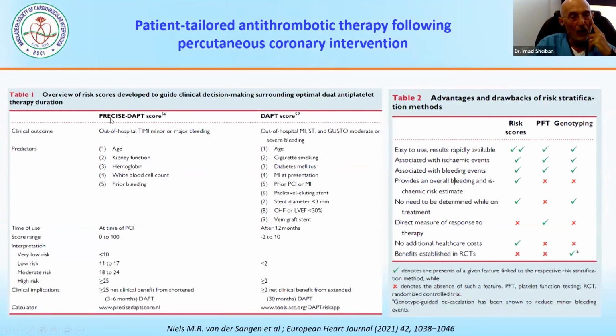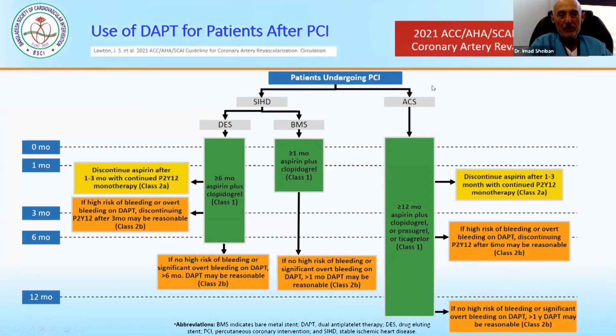And the most used scores are the PRECISE-DAPT score and the DAPT score. And you see here that these, being simple, easy, and rapidly available, give you the possibility to classify and locate the patient, and to do your procedure and the DAPT accordingly.